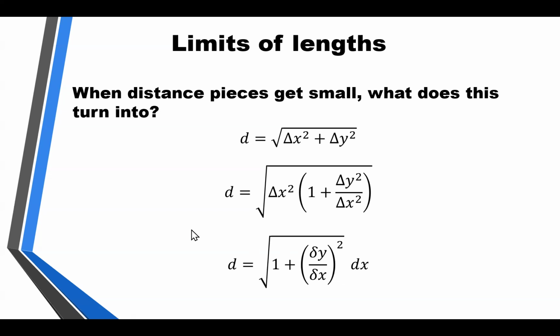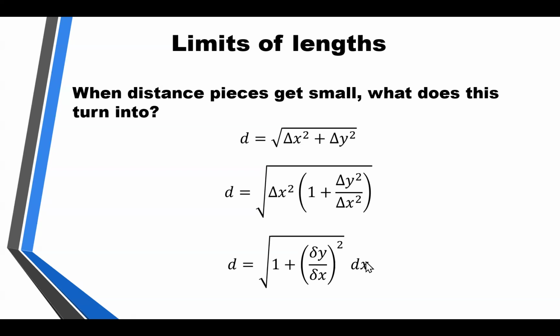And when I take the limit as the pieces get smaller and smaller, that change in x will become a differential with respect to x. I'll end up with this as the distance of one of those little pieces. Notice this is the square root of 1 plus the derivative of y with respect to x, squared, times my differential dx.